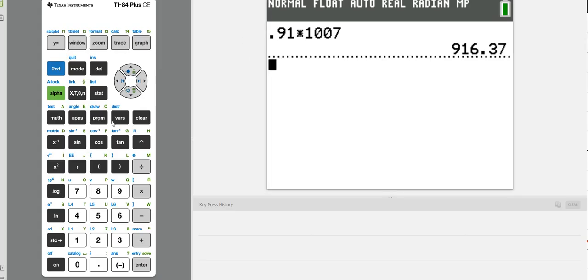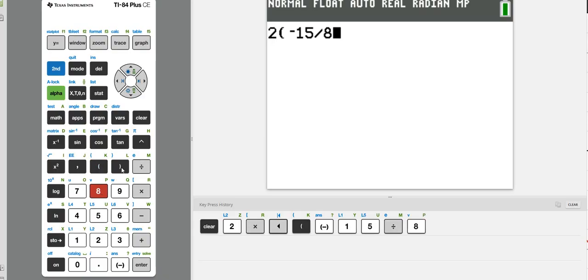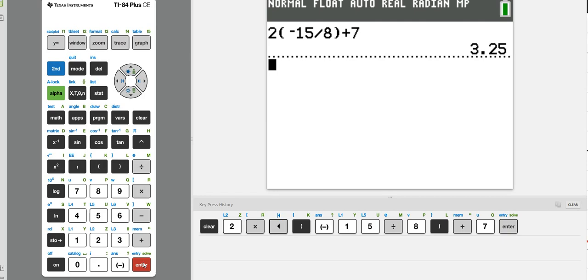So I want 2 times, and I'll do a fraction for myself. Well, actually, I'll do it the way you probably would put it in. So you don't really need the times there. It understands that if I have parentheses that are multiplied. Negative 15 divided by 8, parenthesis, plus 7. 3.25.